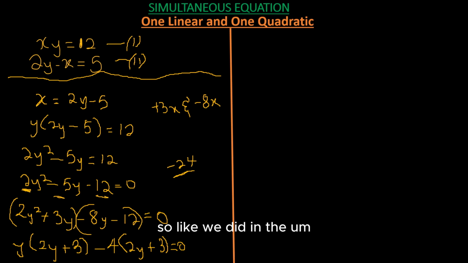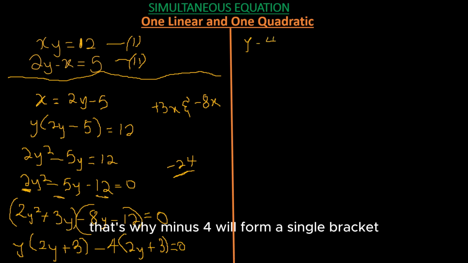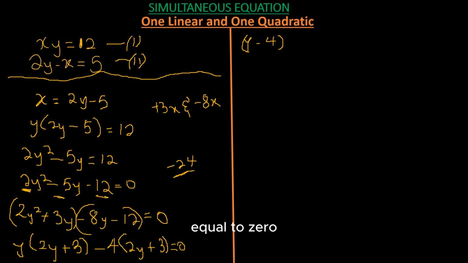So like we did in the previous example, the one outside the bracket will form a single bracket. That's y minus 4 will form a single bracket equal to 0. Then 2y plus 3 will also be equal to 0.